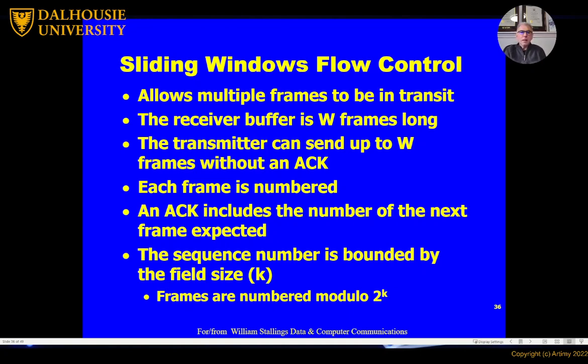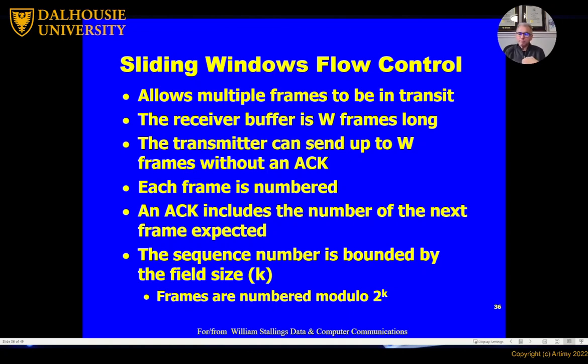So the idea behind the sliding window flow control protocol, which can also be used for error control, is that I am allowing the transmitter to send a number of frames, called W, without receiving the acknowledgement.